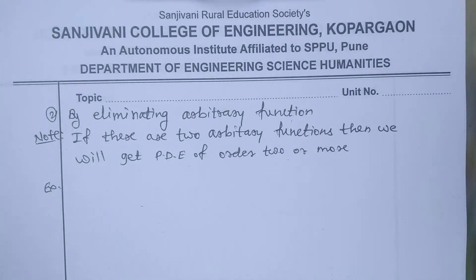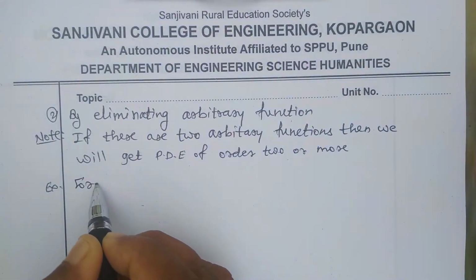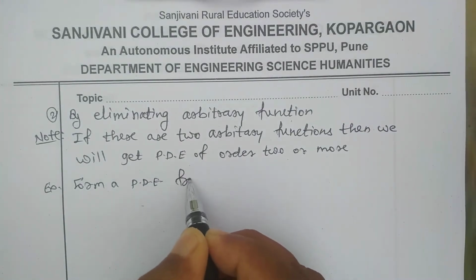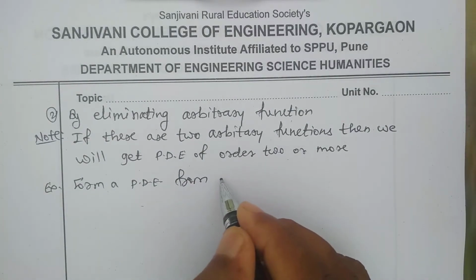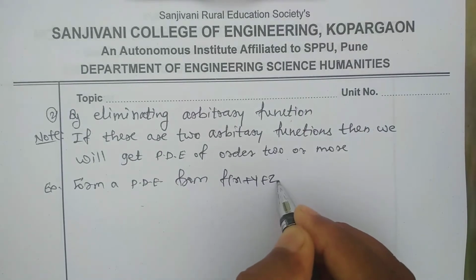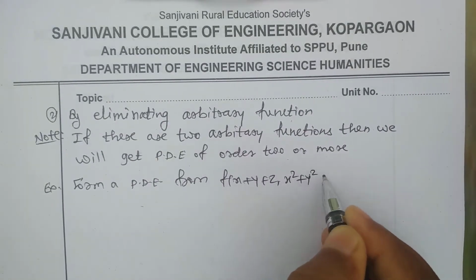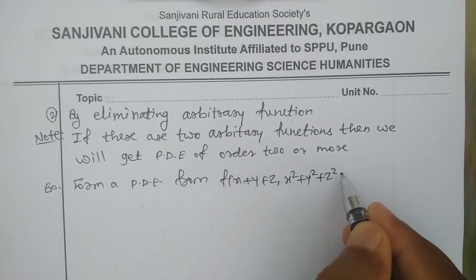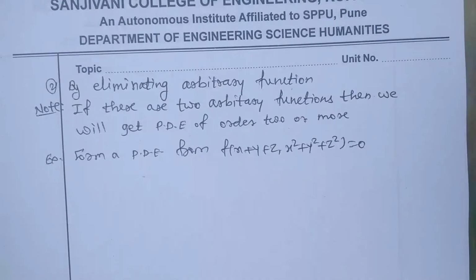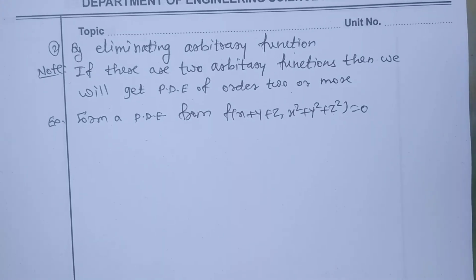So let us take the example. Form a partial differential equation from f of x plus y plus z comma x square plus y square plus z square is equal to 0. So we have to form a partial differential equation.